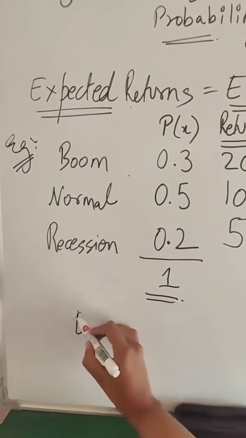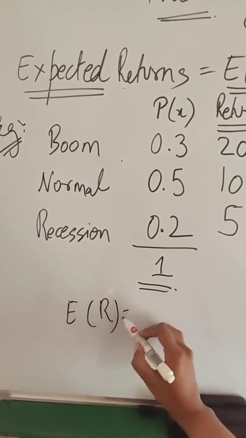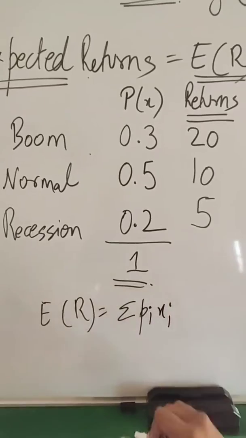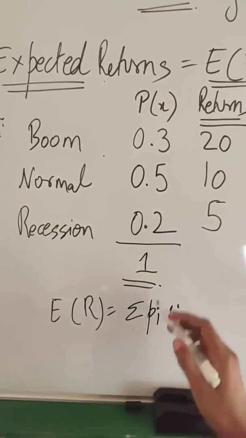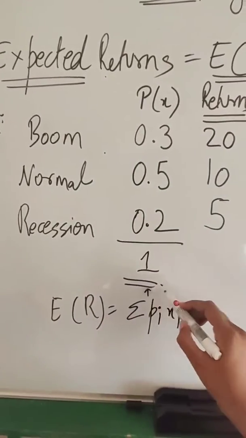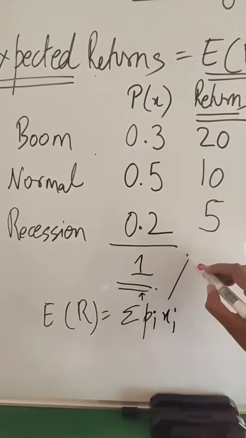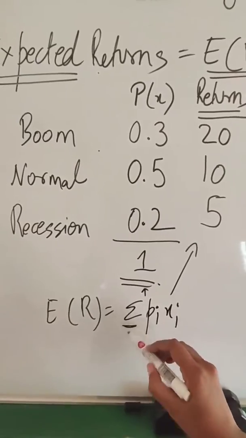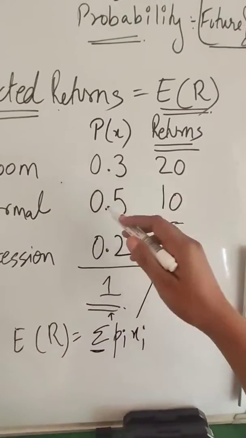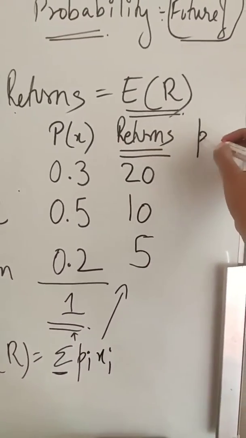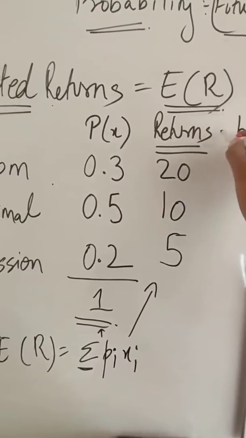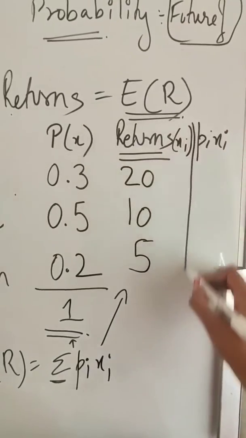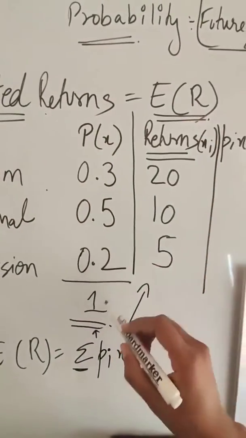Now the expected return formula is sigma Pi Xi. That means what? Pi means the probabilities, Xi means the return, and sigma means the summation. Now how will I do it? I will find out Pi Xi. This is my Xi, and this is the new column Pi Xi that I'm calling it.